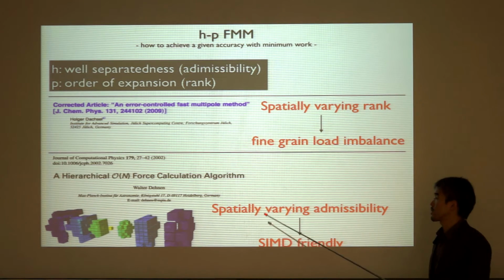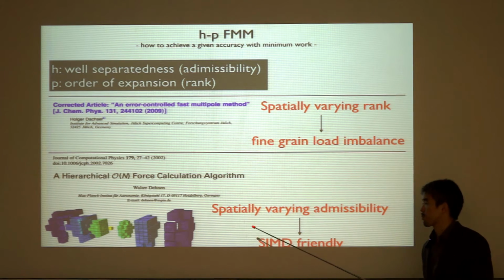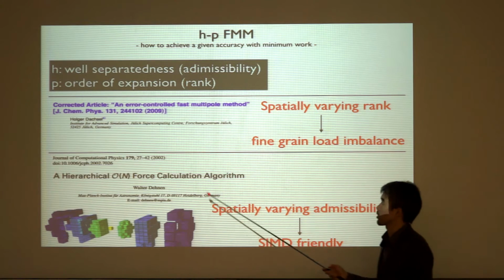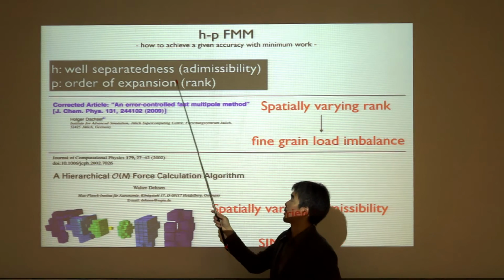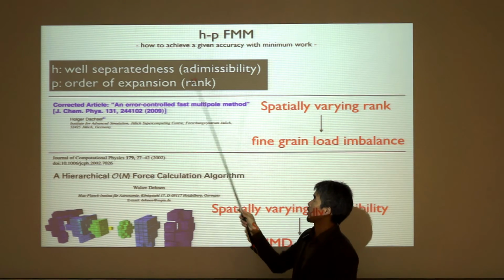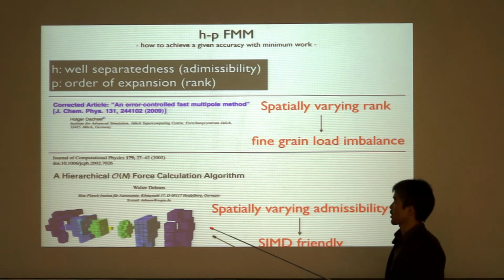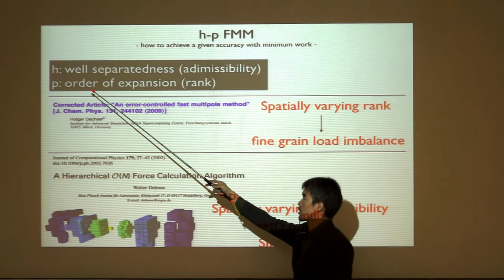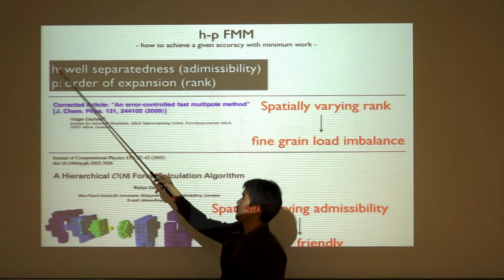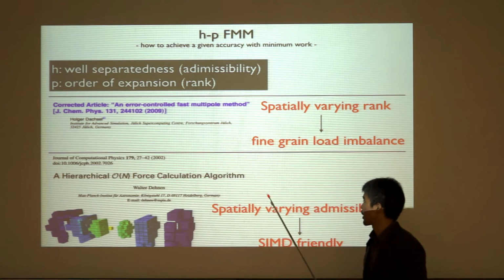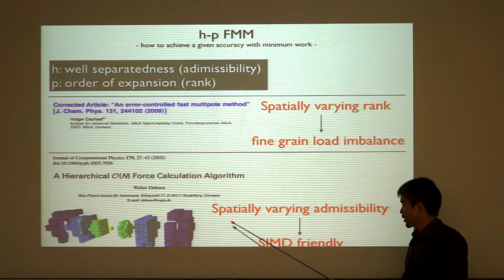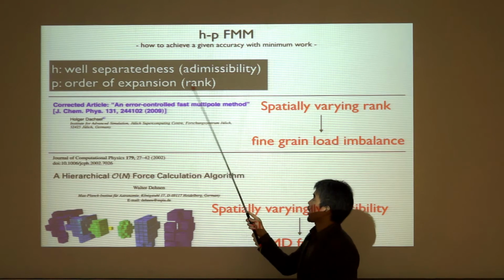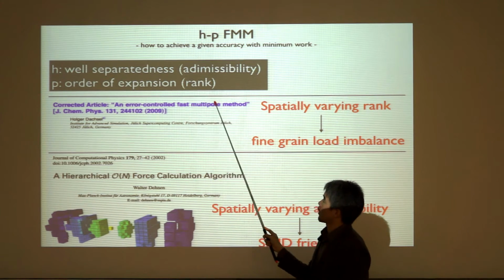So this is something that becomes a problem only when you're doing very advanced coding. But eventually you want your code to be highly optimized. So when you're thinking about the design of your algorithm, you want to consider that if you can achieve the target accuracy by spatially varying h, like you do in the H matrices, then you can have a constant rank everywhere.